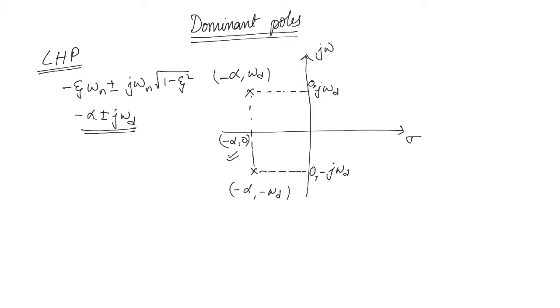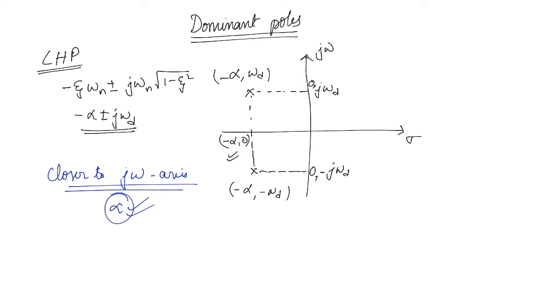Now from here you can observe that the poles which are closer to the j omega axis will have alpha, the magnitude of the real part, to be less. The closer they move to the j omega axis, the lesser will be the magnitude of their real parts. The magnitude of the real part is nothing but alpha.